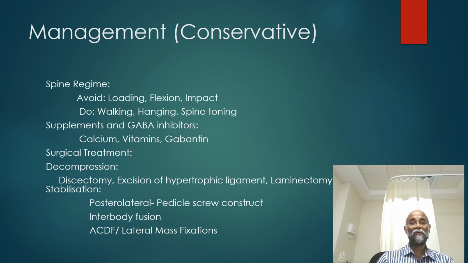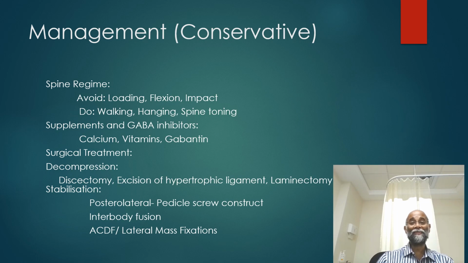We encourage these patients to do three things. We encourage them to walk. Walking causes contraction of the paraspinal muscles. Hanging is good, hanging from the hands, because then there is a traction to the spine and some nerve compression gets relieved.